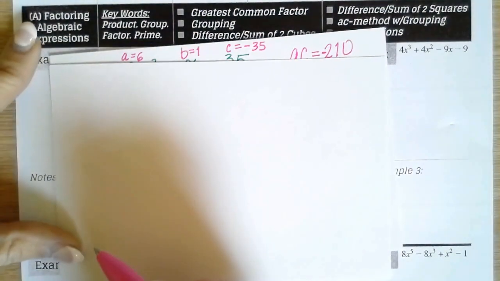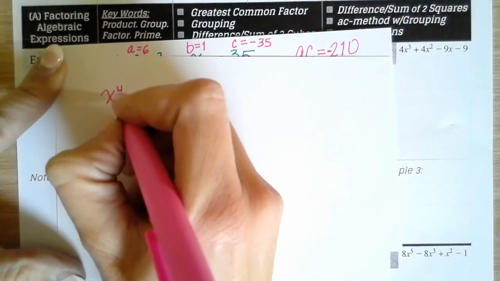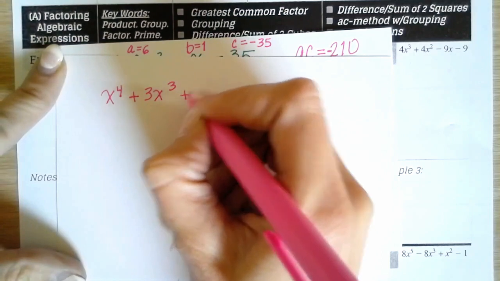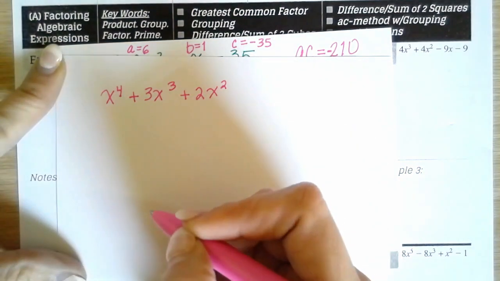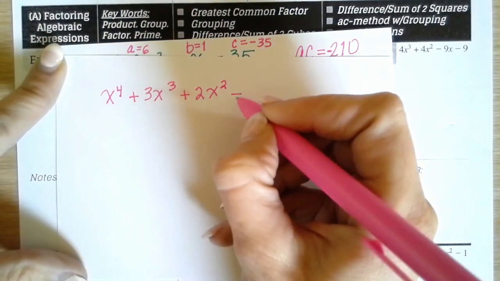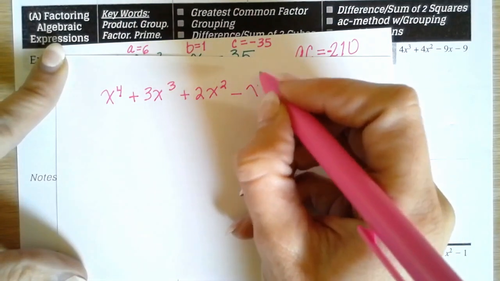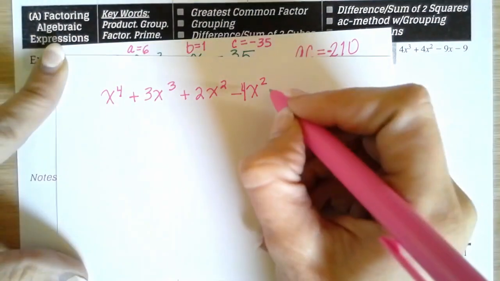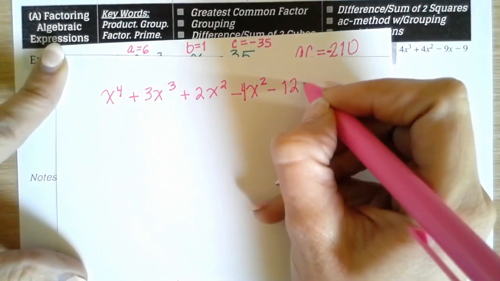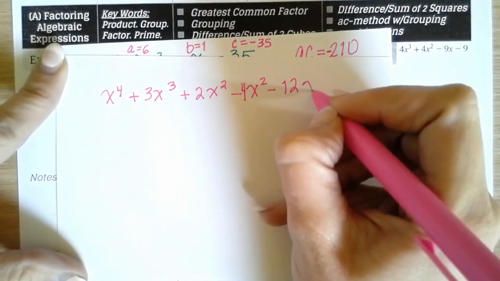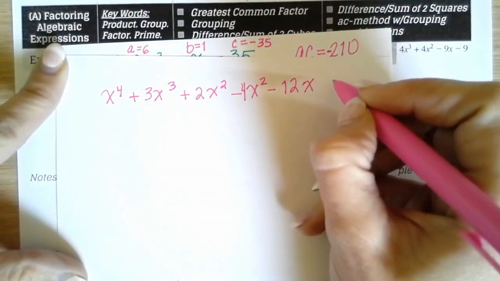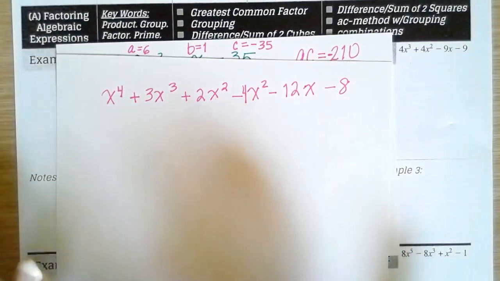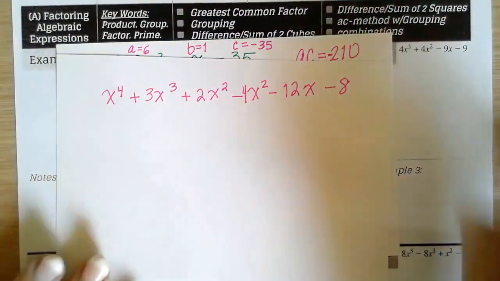I can give x to the fourth plus 3x to the third plus 2x squared minus 4x squared minus 12x minus 8. Okay, now this is a big crazy thing, right?